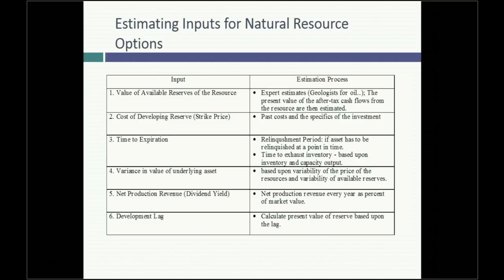What happens? It's ExxonMobil, nothing for a while. And then somebody wakes up and says, oh, the CEO wants us to develop the reserves. If you're lucky, maybe a year and a half or 2 years from now, oil will start coming out of the ground. There is a development lag between the time you decide to exercise this option and oil comes in.